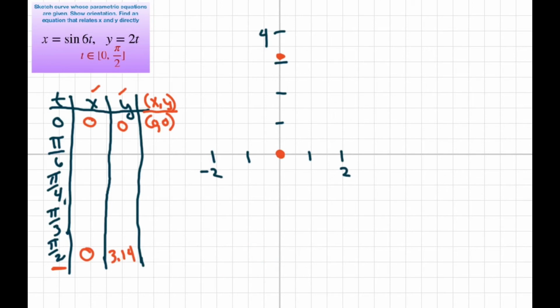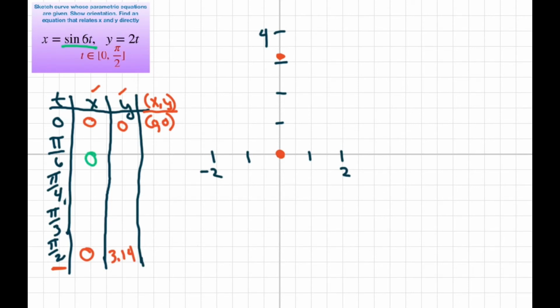Now let's see. We've got to do more because we know sine is a wavy curve. So let's see what we can get with the rest. You may want to use a calculator on some of this. I'm going to estimate it. So if we do sine of 6 times pi divided by 6, that's going to be sine of pi, which gives you 0 again.